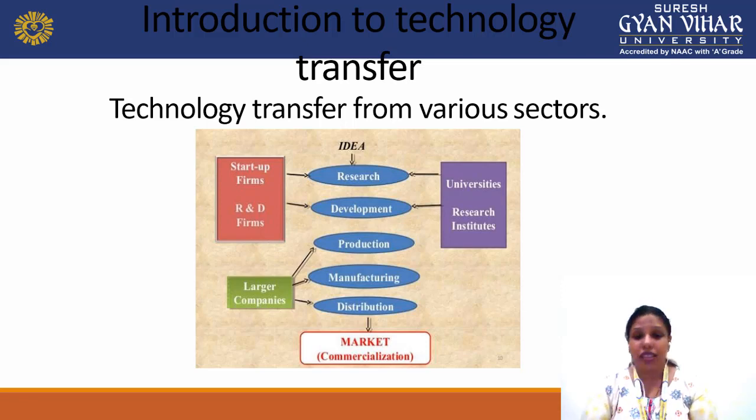All these things, production, manufacturing and distribution, come under the larger companies, the big, large scale manufacturing companies, and at last the product is marketed for commercialization. So this is a basic idea related to technology transfer.